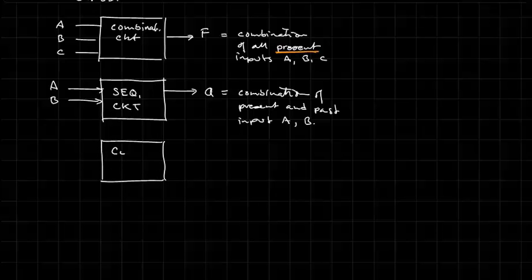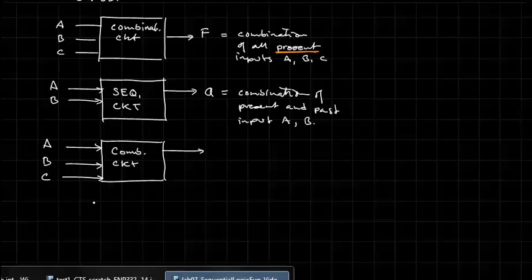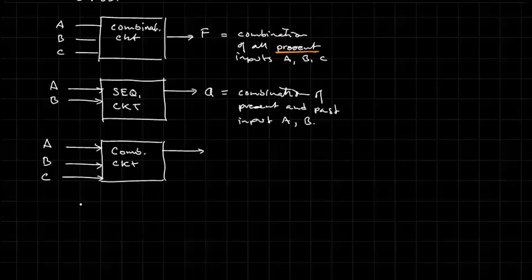So if we go back to our combinational circuit that has an output and has three inputs, A, B, and C. If we add feedback to our combinational circuit, meaning that we take the output and in some way we return it to the input and connect it to one of our inputs, such that the original output, F, is not only a function of the inputs A and B, their present state, but also a function of the actual output, then you can set up basically this chicken and egg.